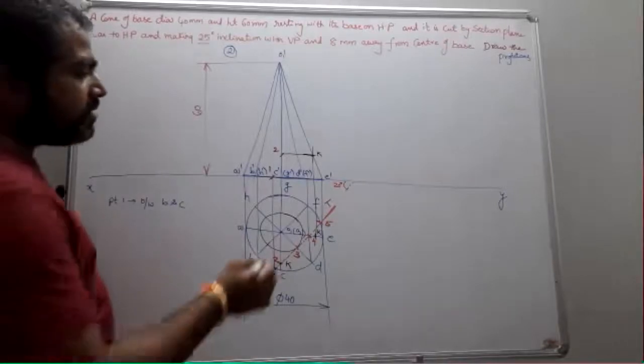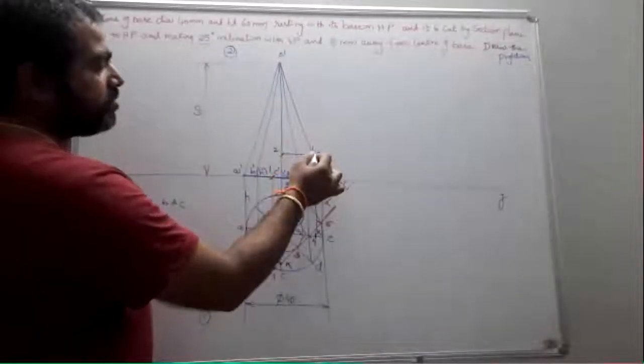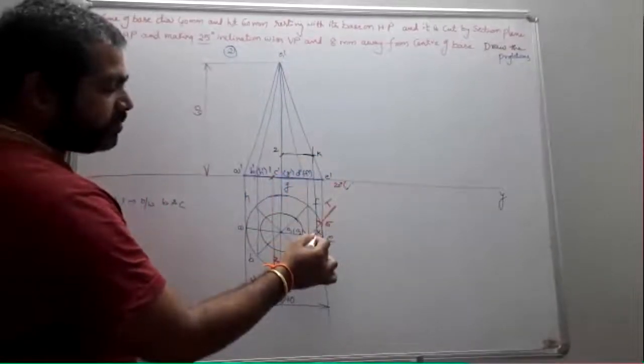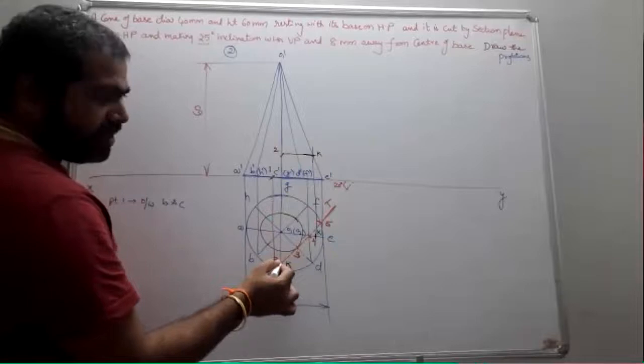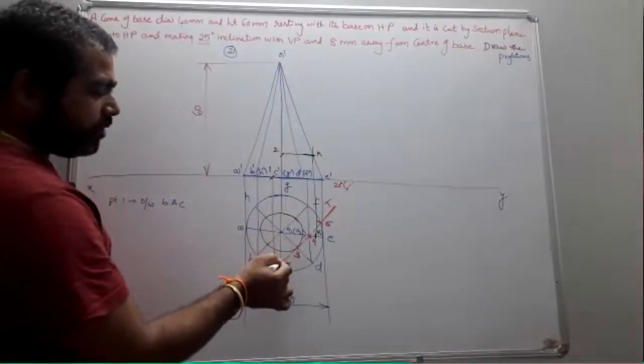Students understand? Previously, if point 2 was there, we just projected that point to the true slantage, came to the respective position, and rotated to obtain the point. Similarly, I go for the reverse mechanism. Here my point 2 is there.